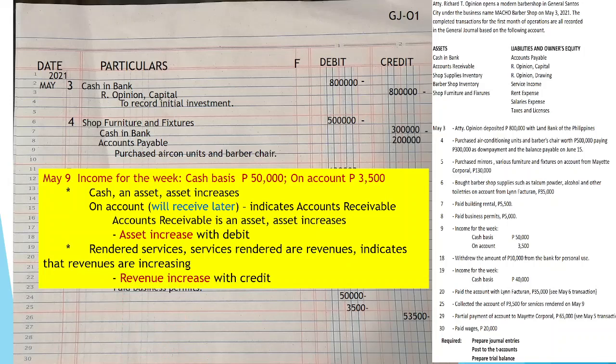So our entry would be on May 9, we debited cash in bank for 50,000, debit accounts receivable 3,500, and of course the value parted with, service income or revenue, 53,500, and please don't forget again the explanation. I do hope that you're learning along the way while I'm presenting to you the journal entries.